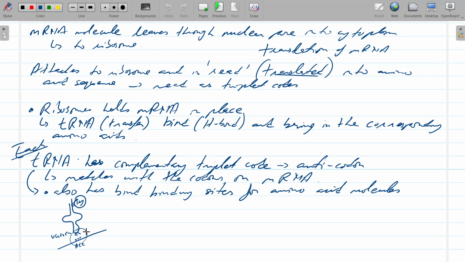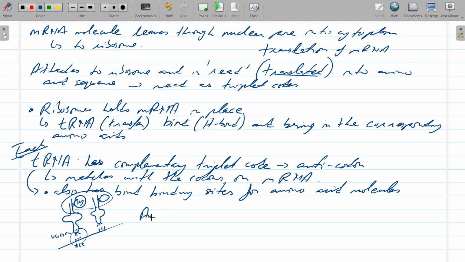Now what happens is there are at least two tRNA molecules on the mRNA at the same time. So you've got that and that and that. And so you've got another amino acid over here, and then you've got an enzyme coming in and it forms a peptide bond, right?